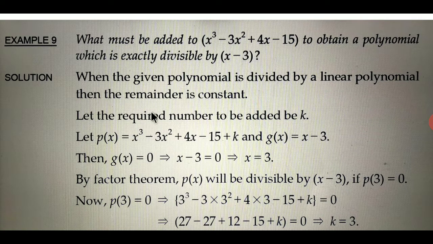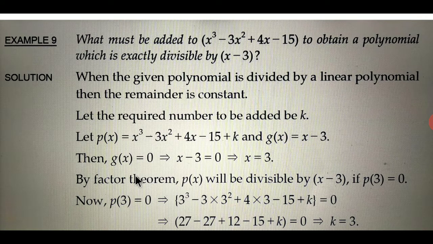Okay, let the required number be k. We have considered that we have to add k to this polynomial so that the polynomial will be divisible by x minus 3. So let p(x) equal to this polynomial plus k and g(x) equal to x minus 3.